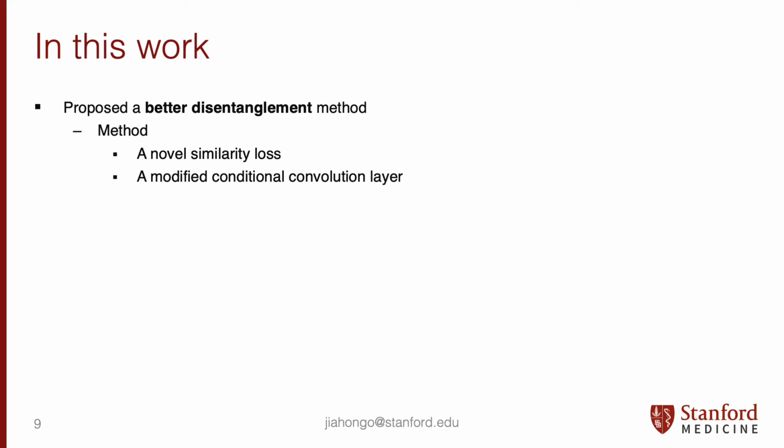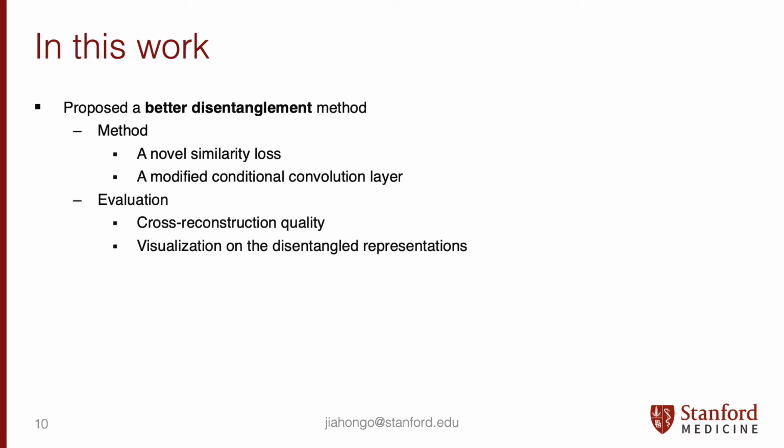In this work, we first propose a better disentanglement method. It consists of two parts, a novel similarity loss and a modified conditional convolution layer. The disentanglement is evaluated by cross-reconstruction quality and the visualization of the representations.